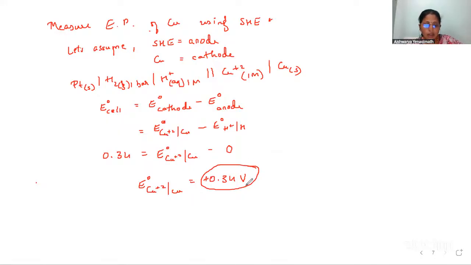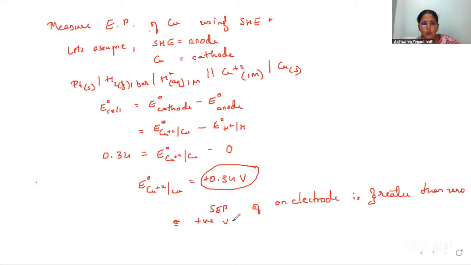SEP, standard electrode potential of an electrode, is greater than 0. Yes or no? Greater than 0 only, or you can say it is a positive value. Then a positive value, so what does that mean?